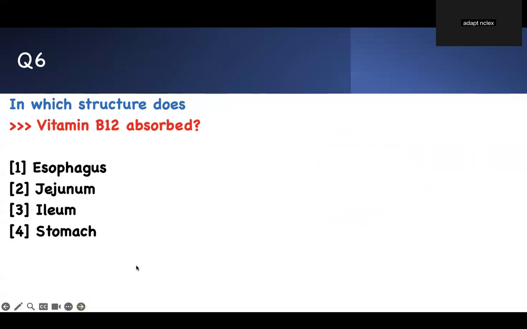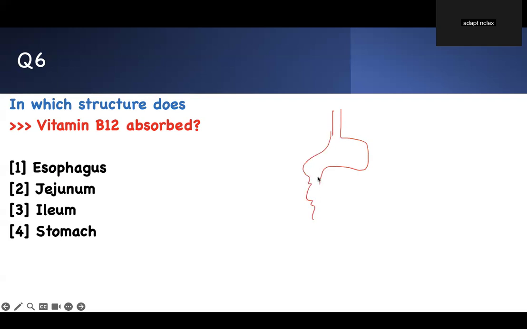In which structure is B12 absorbed? B12 is a very important nutrient that we need. Therefore, you have to know the portion of the GI tract where it is absorbed. If this is your esophagus, this is your stomach.